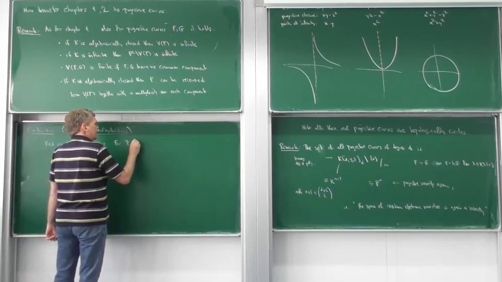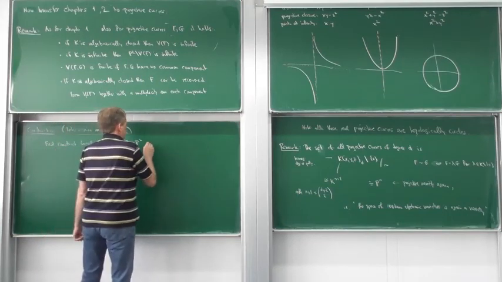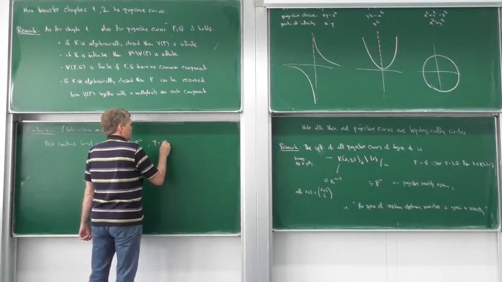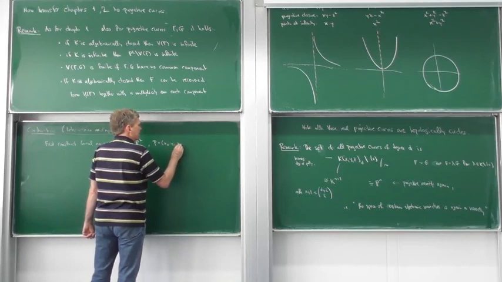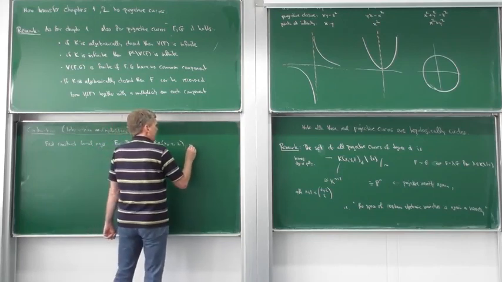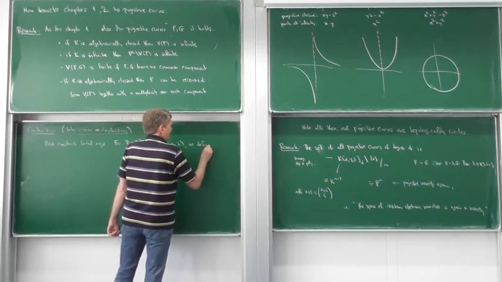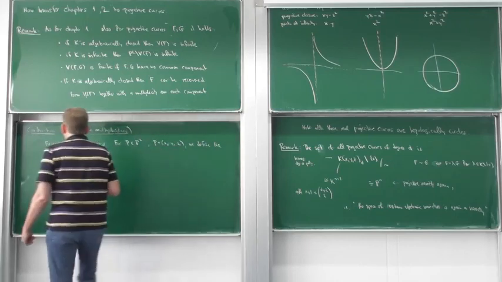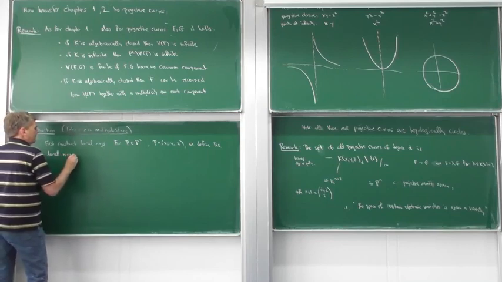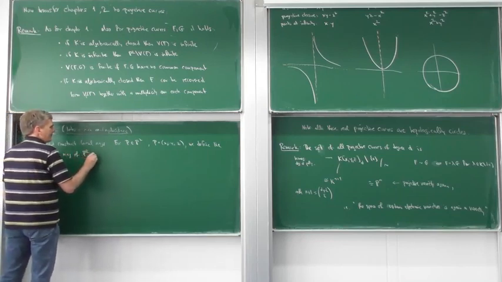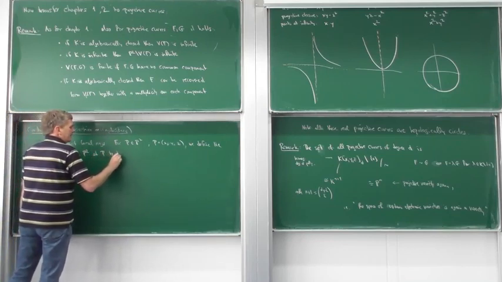For P a point in P2, and if we need it, we might call the coordinates x0, y0, z0, a certain point. We define the local ring of P2 at P to be the following.